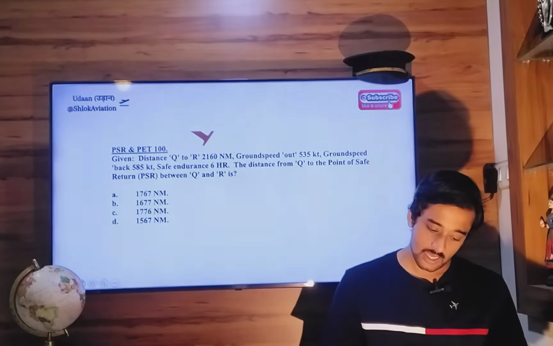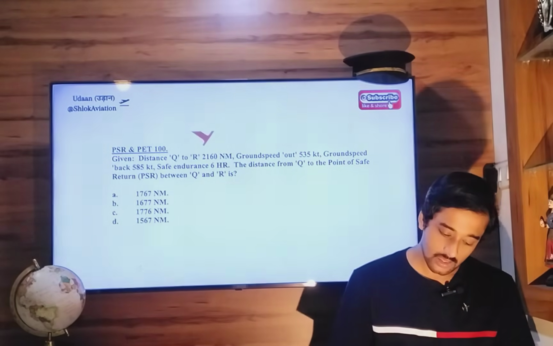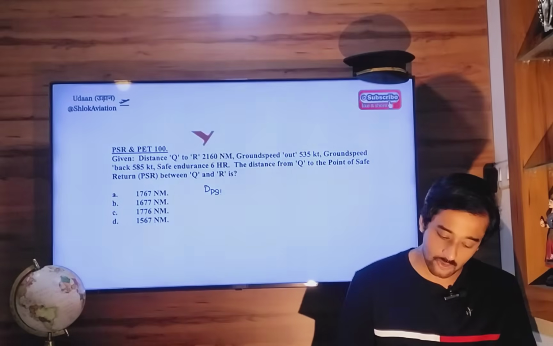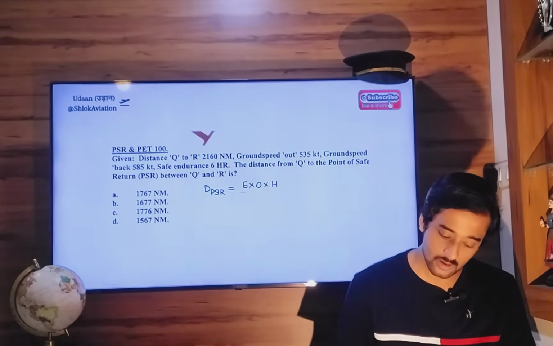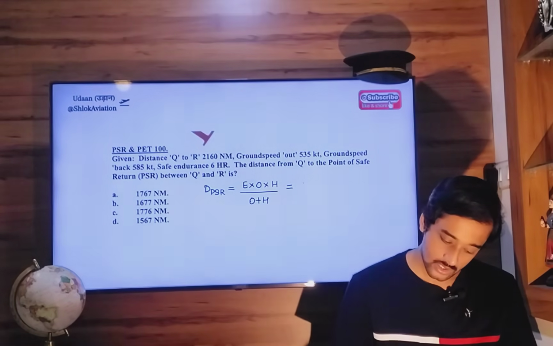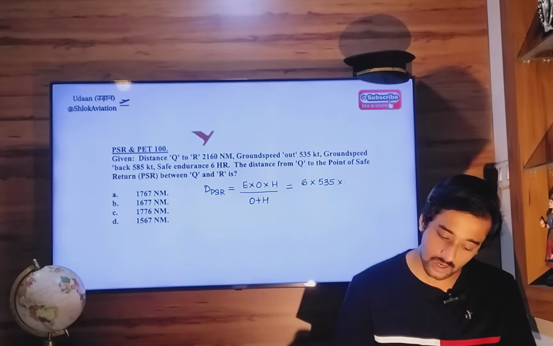Last question. So what is the distance to the point of safe return? Distance to the point of safe return equals endurance into outbound into homebound divided by outbound plus homebound. So 6 into 535 into 585.